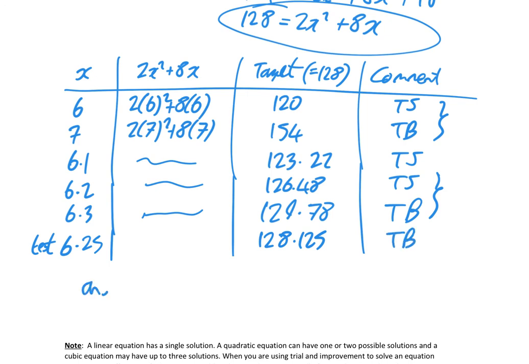So your answer is x is equal to 6.2 to 1 decimal place. So let's just talk about why that is. If 6.25 is too big, then 6.3 would be way too big. That means your answer to 1 decimal place is just 6.2, and that is it.